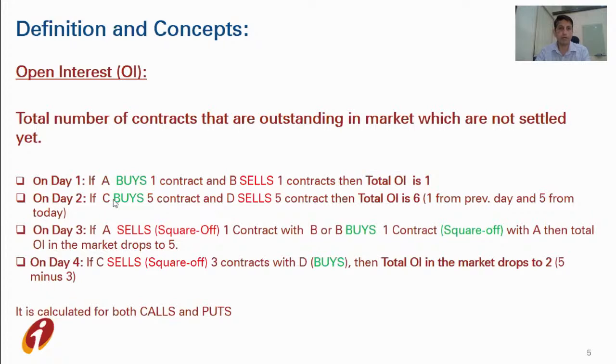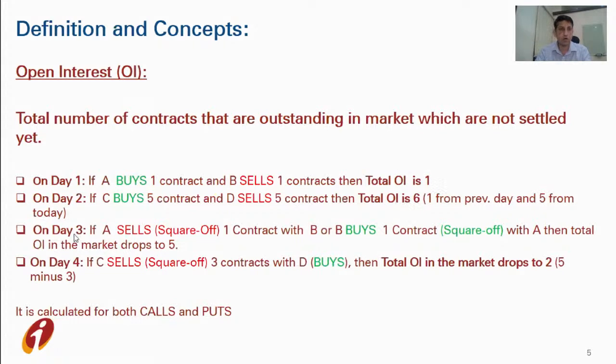Similarly, on day 2, if somebody else buys 5 contracts and one more candidate sells 5 contracts, then the total open interest in the market is 6: the 1 from the previous day and the 5 from today.